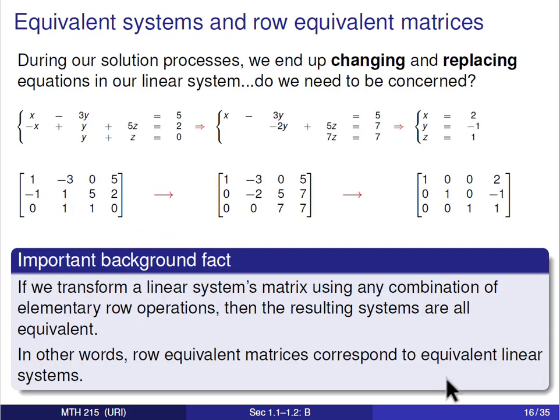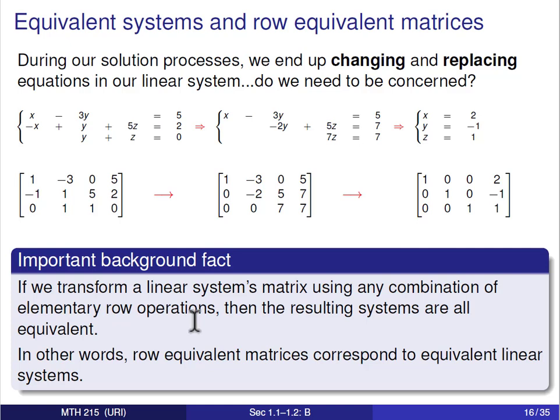Okay, now the big important fact, the theorem that we want to state here, is that if you transform a linear system's matrix using any combination of elementary row operations, then the resulting systems, the resulting matrices, they're all equivalent. The systems are equivalent, the matrices are row equivalent, and this is where elementary row operations become important.